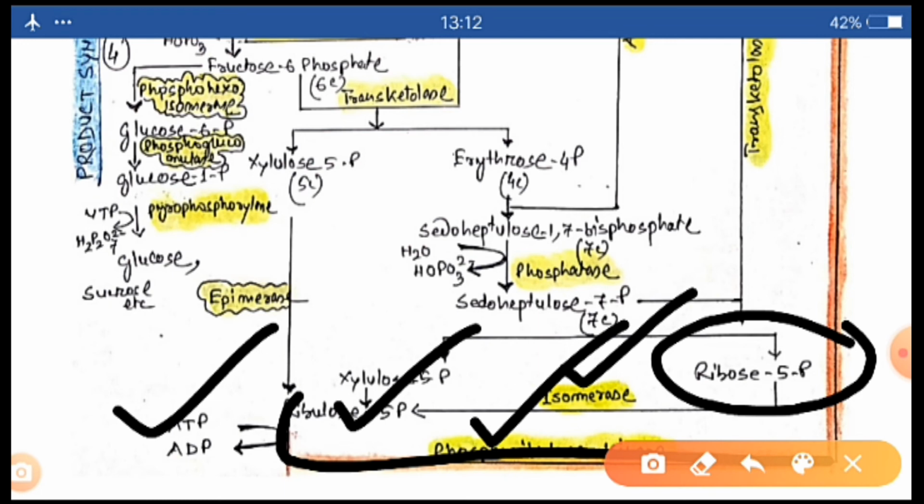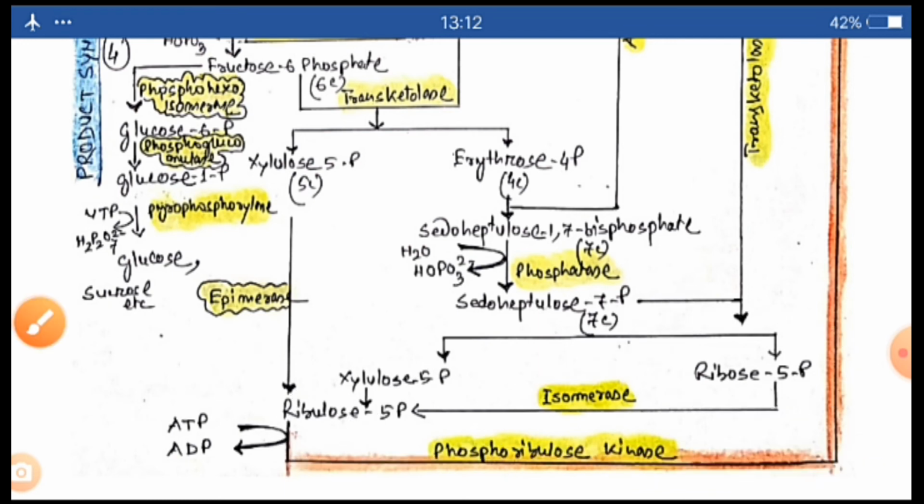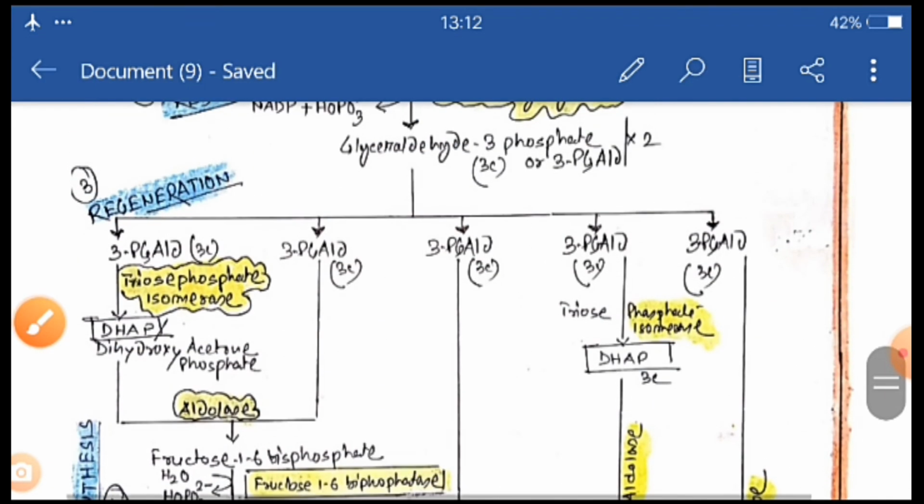Okay. So this is about the regeneration of RuBP. Clear? Again, I am telling in a nutshell.